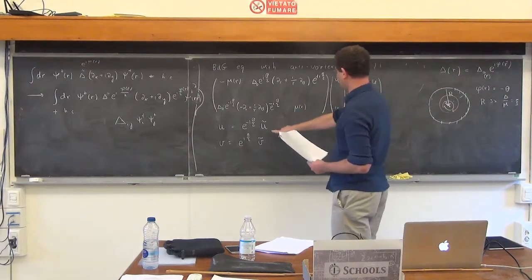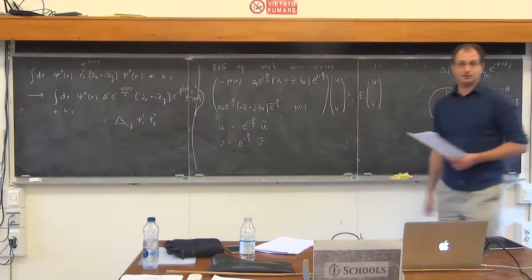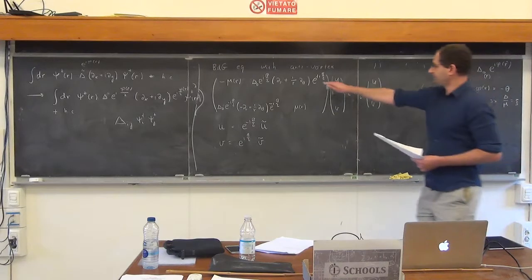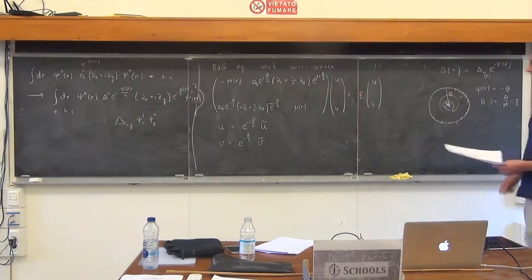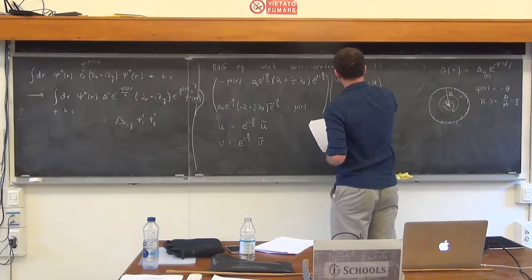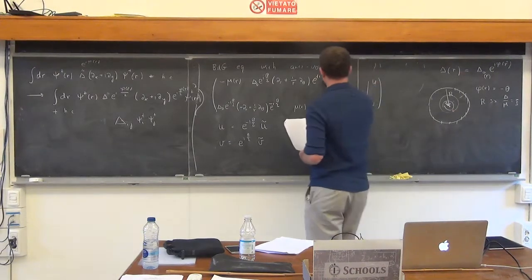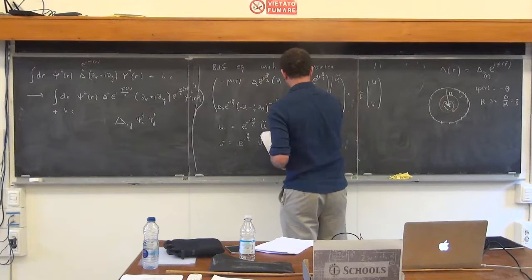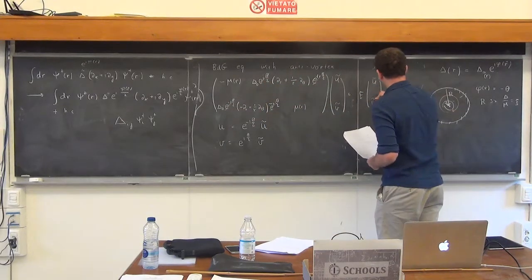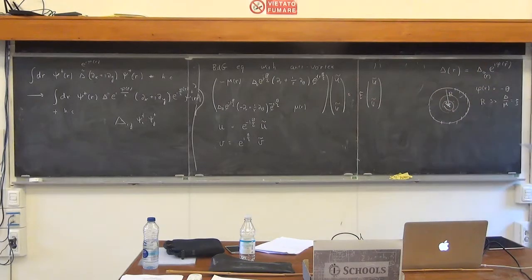Right. So if we substitute these new functions into the equation, what we'll get is that these phase factors just cancel. And for the tildes, we just get an equation that looks exactly like the equation that we had without the vortex.